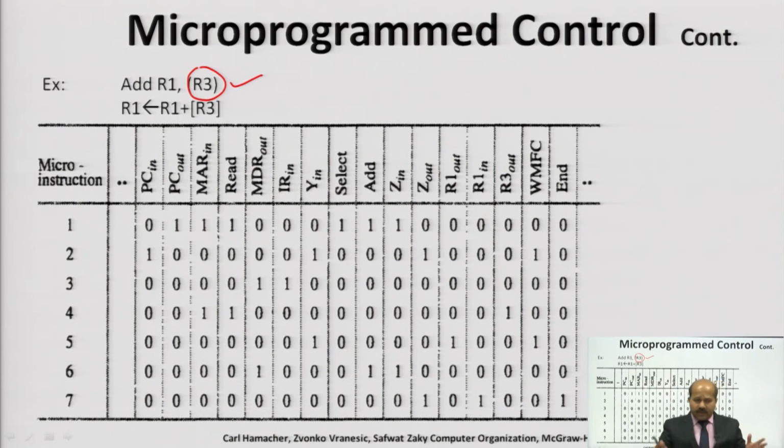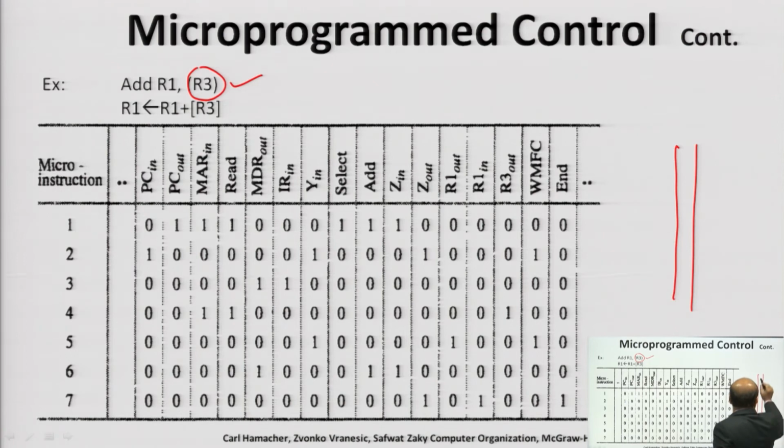To write this type of microprogram, we need to remember the same architecture, the single bus organization where different components are connected. So, I am just quickly drawing this architecture.